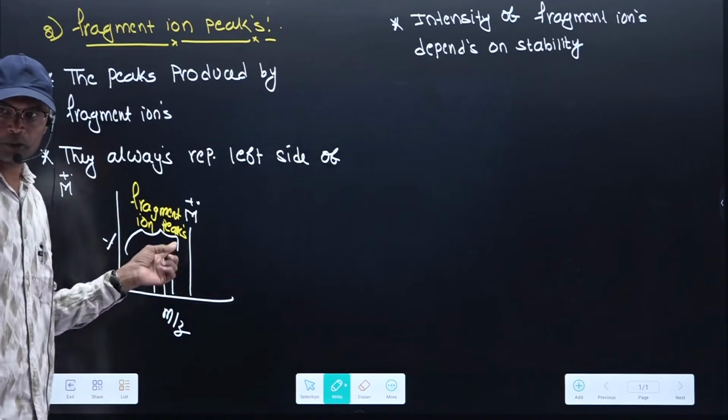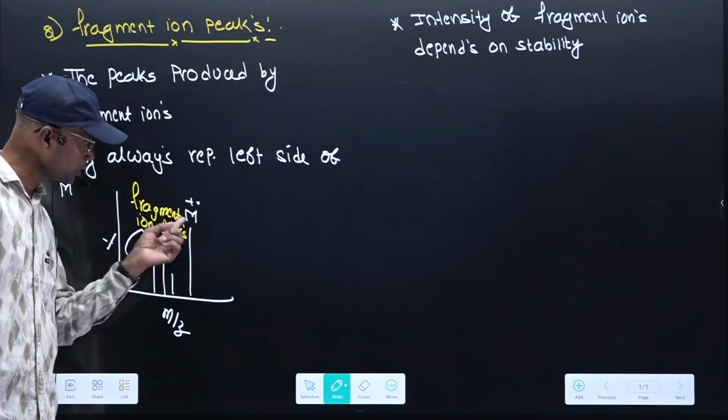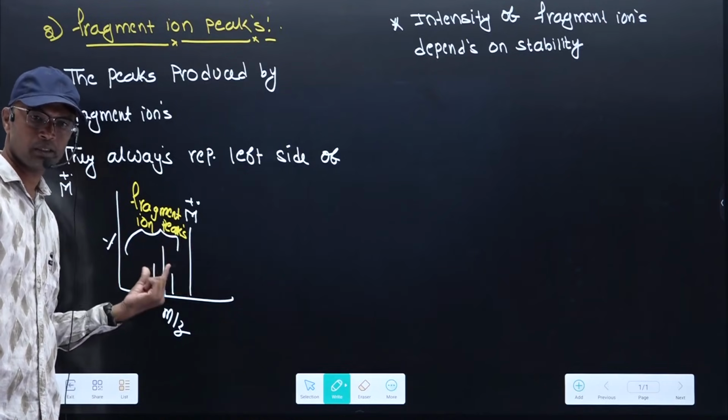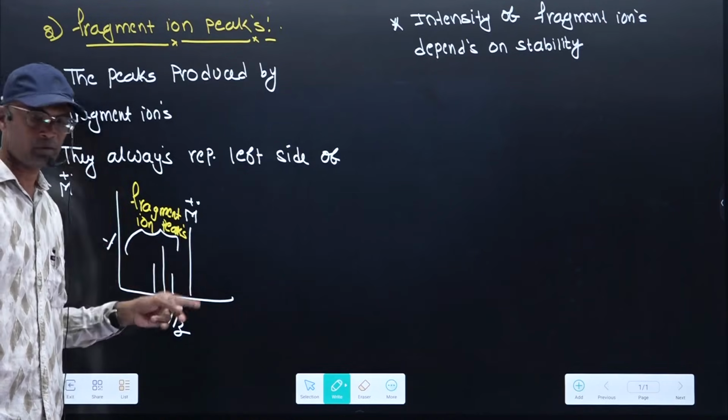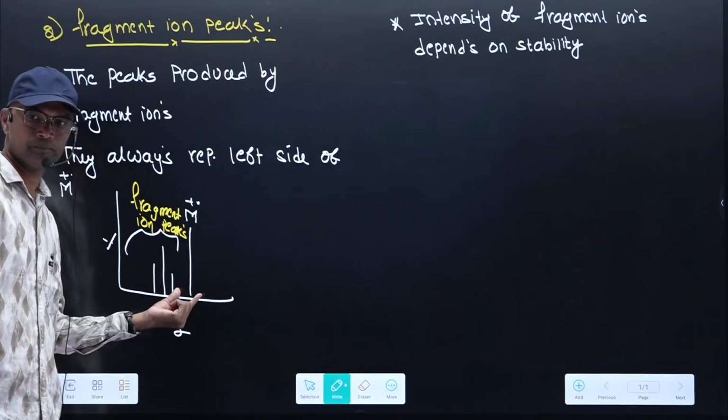Don't think that the molecular ion is always more intense than the fragment ion. Sometimes the fragment ion is more intense than the molecular ion, and sometimes the molecular ion is more intense than the fragment ions. But always remember, we need to write fragment ions on the left side compared to the molecular ion.